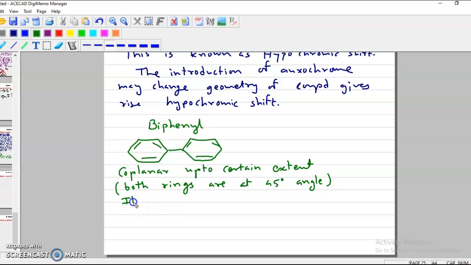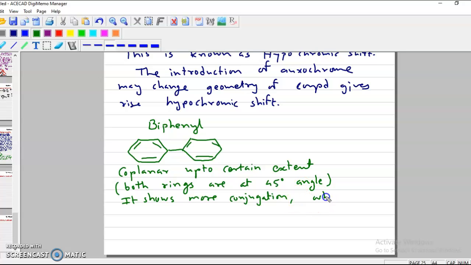It shows more conjugation. Why? Because all pi bonds will shift. For conjugation, the most important condition is coplanarity. They all should be in one plane only. But there will be coplanarity up to a certain extent, and therefore it will show conjugation.